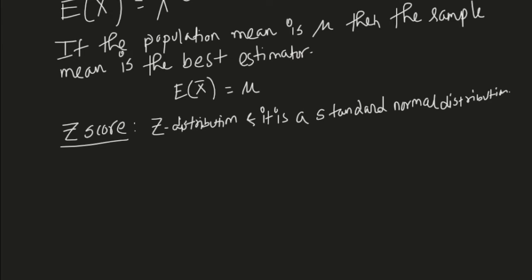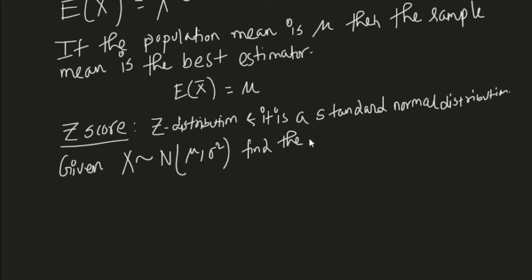So let me give you an example. Given x is a random variable following a normal distribution with parameters mu and sigma square, find the Z score for some value.